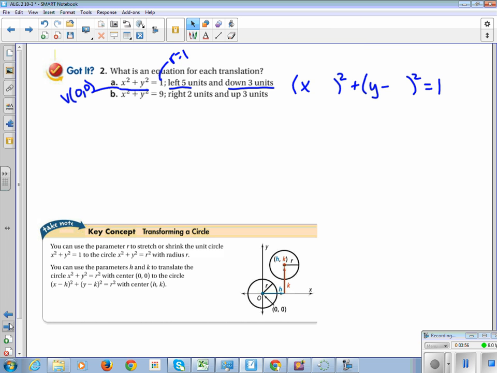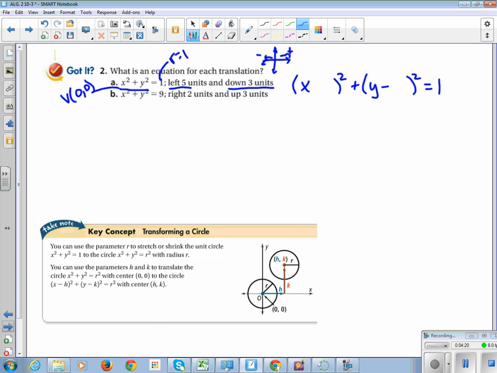If I look at my x, if I want to go left 5 units, it's always the opposite. When I'm thinking of a grid, usually right is positive on the x and left is negative. But in the equation of a circle, it is opposite.